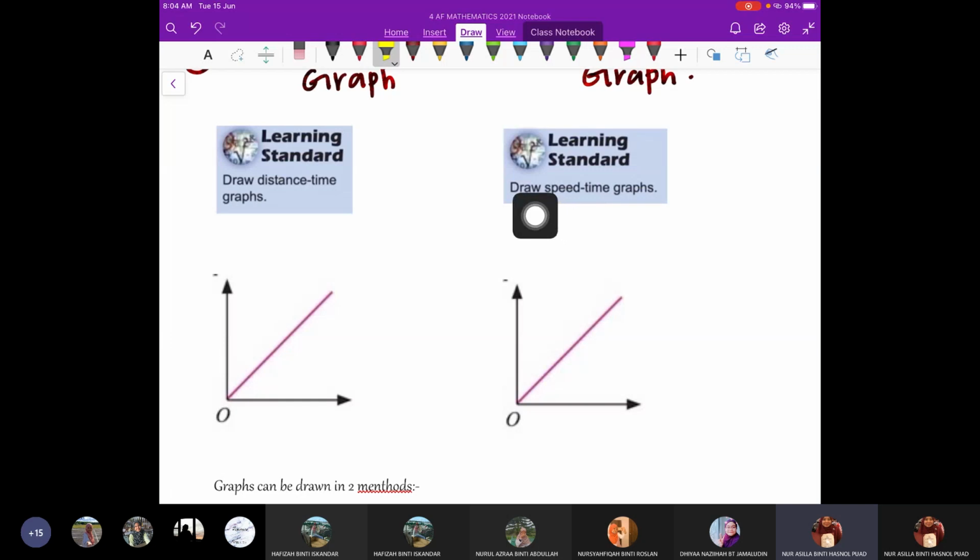Sebelah kanan to draw a speed time graph. So this sebenarnya sama. Main point sini adalah draw. Okay, so it's just two different types of graph. Okay, so drawing for these two subtopic is similar, sama saja. It's just dia guna elemen yang berbeza lah. Satu distance, satu lagi speed.